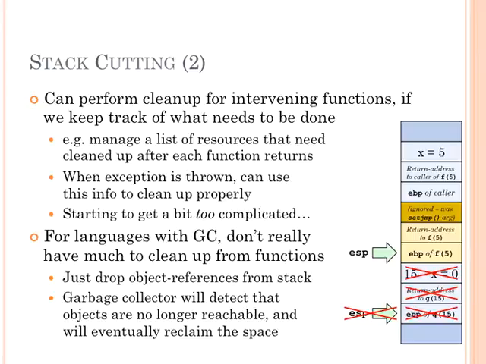And this is where garbage collection is a real benefit, because if you have garbage collection, then you don't care. Because if you have pointers on the stack, or I should say references, if we're talking about a language with references, when we chop down the stack, we are able to just let the garbage collector go through and realize that those things are now unreachable, and it will reclaim them for us. So GC helps us a lot with this stack cutting mechanism.